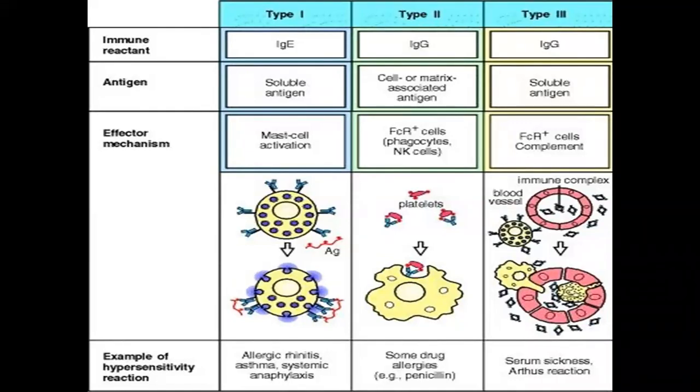In case of 1, mast cells are involved. In case of 2, macrophages and natural killer cells can be involved. And in case 3, different types of inflammatory cells, including eosinophils, macrophages, even the mast cells can be involved, but not as they are involved in type 1.